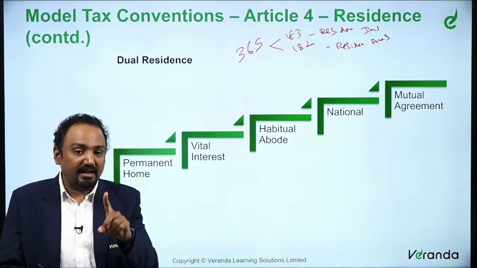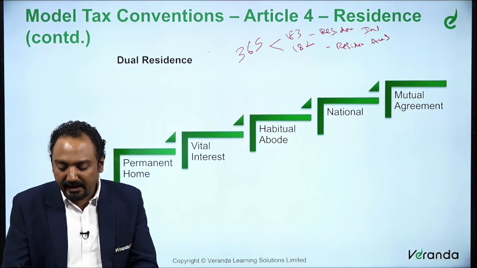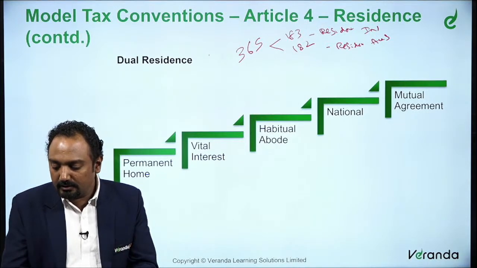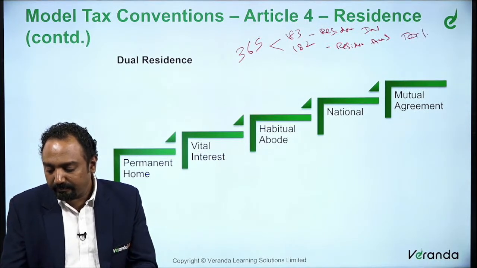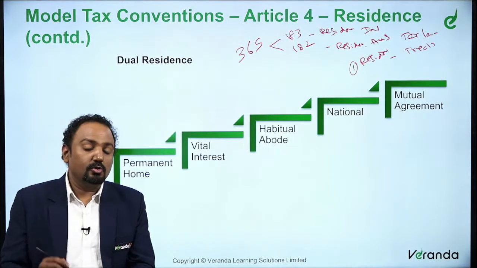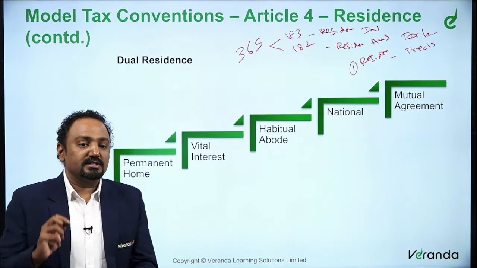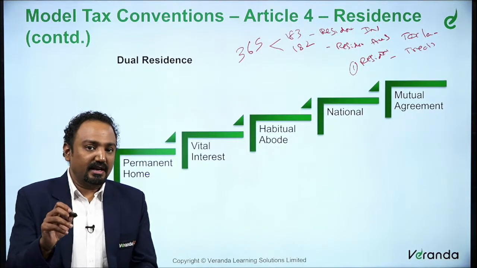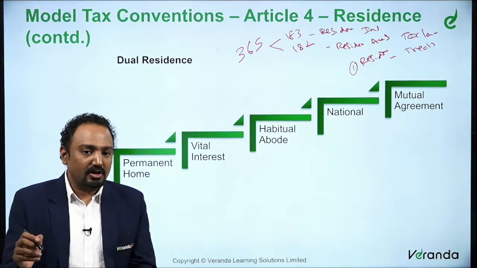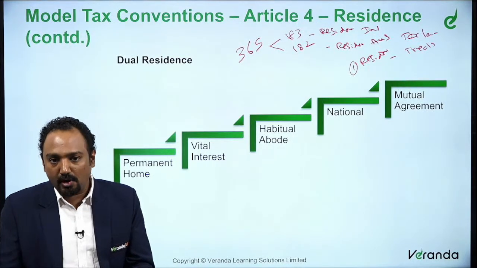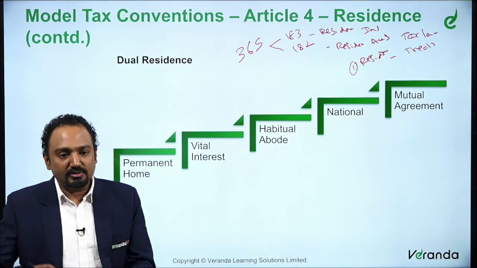So let's say this is tax law, but for a treaty, you can be a resident in only one country, not two. Now, how do you determine this when a situation like this arises, 183 days in India and 182 days in Australia? How is it possible to determine in accordance with the treaty?